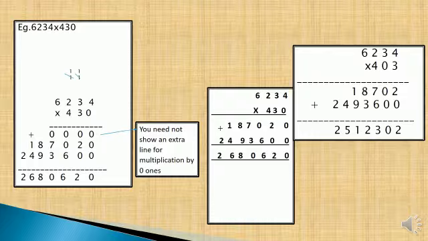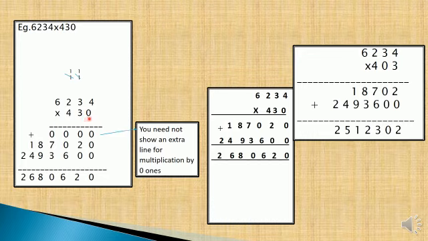Here is an example with 0 in the factors. The question is 6234 multiplied by 430. When you multiply any number by 3 digits, first step is multiply by ones. Here in ones place it is 0. 6234 by 0.